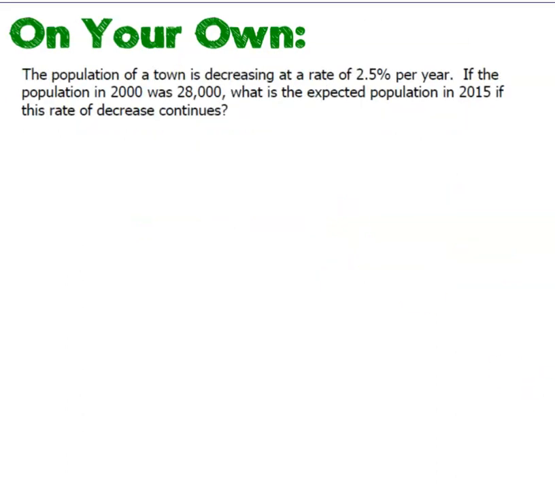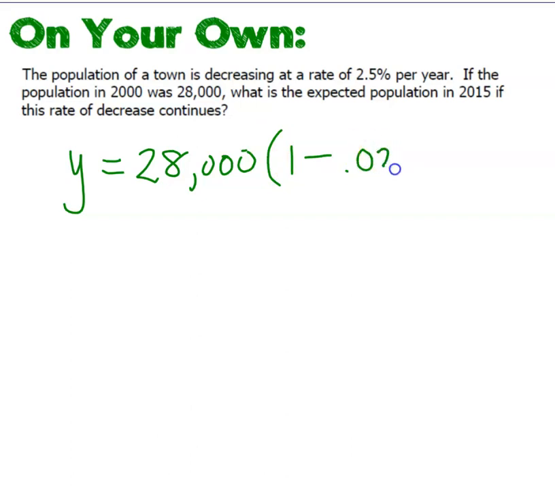One more time. Pause the video and write your exponential equation. All right, let's take a look. Now you can use y equals or f of x. It doesn't matter since it doesn't specify. And we had a starting amount of 28,000. And it's decreasing at 0.025.